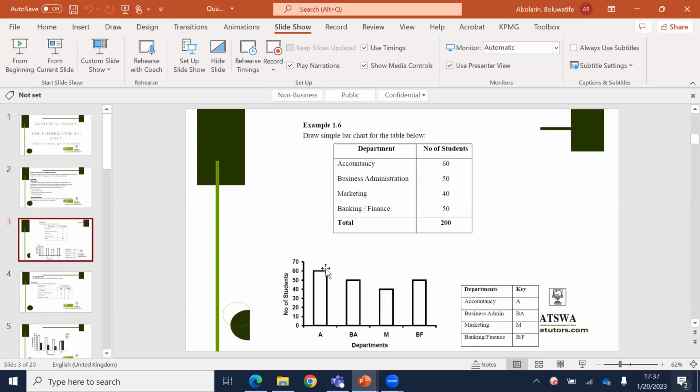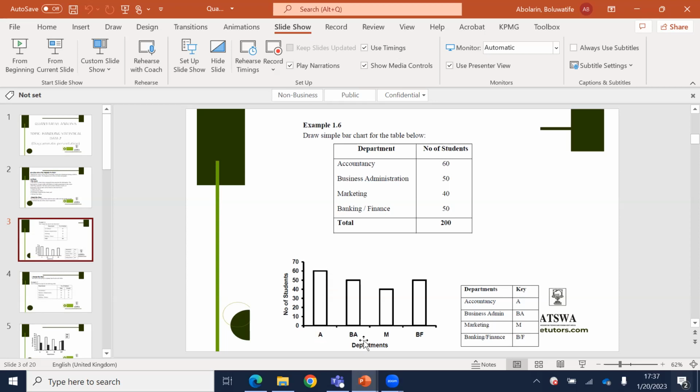You are supposed to have a cover here. Please make sure you do that in your own when you are drawing your own. Make sure you put a cover. I might not put a cover in it, but you can see the way it covers like this. This is exactly how it should be.